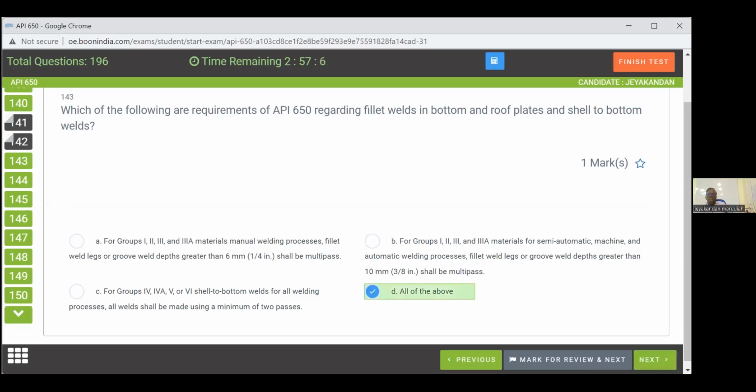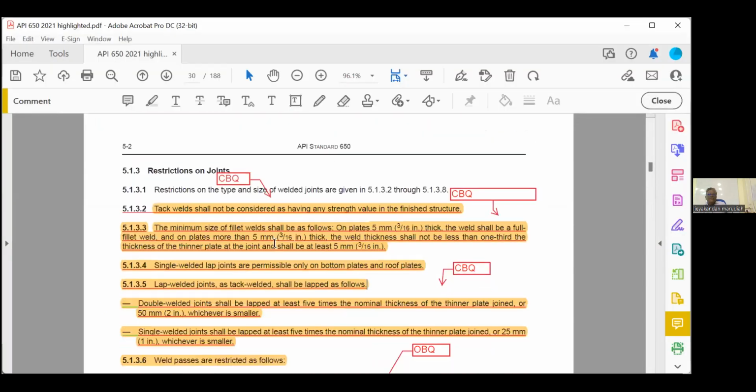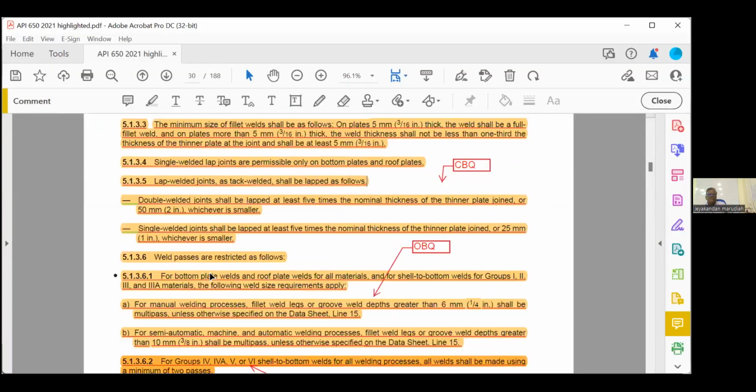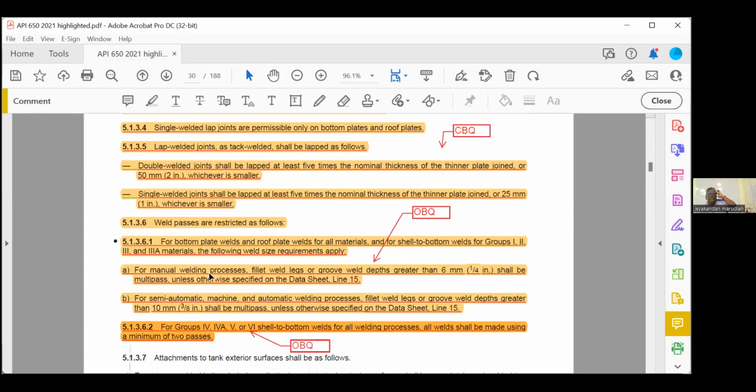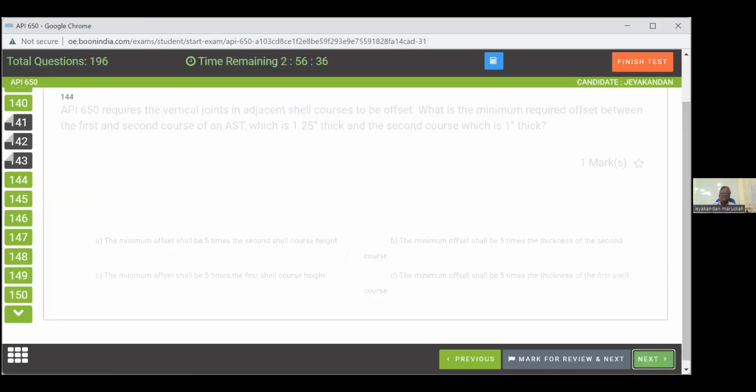All of the above is correct. You have to identify where it is given: 5.1.3.6.1, and 5.1.3.6.2. These are very important, exam important requirements. Mark them as important. All are not important, this is important. Okay, next question, please.